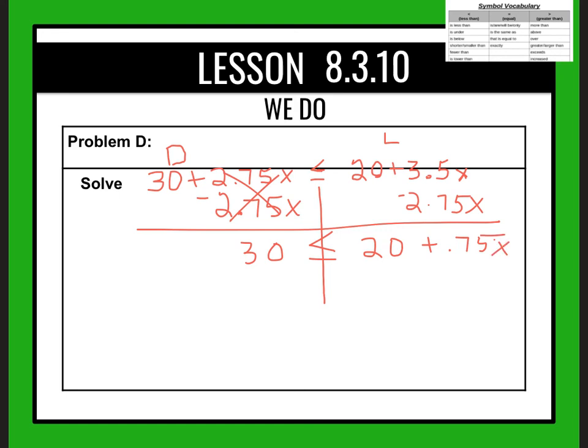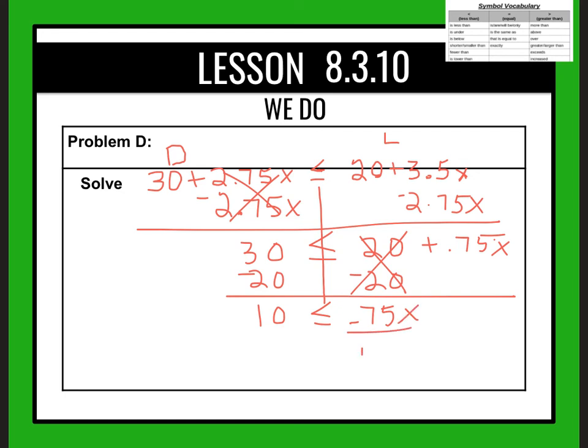All right, so now we're going to go ahead and move our 20, that forms 0 pairs. I need to move all my values over to the left side, and that leaves me with the following.